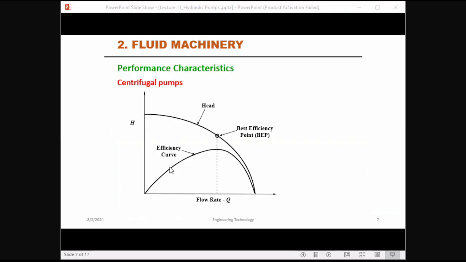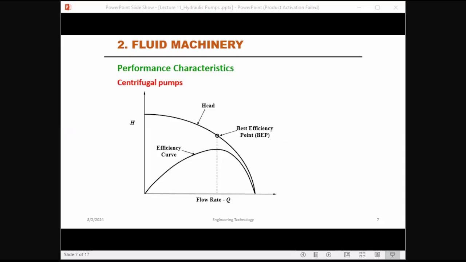Then maximum efficiency you will get at this point. According to the maximum efficiency point you can extend this point up to this line. Then you can identify the best efficiency point, and according to this point you can get the best head for the pump.